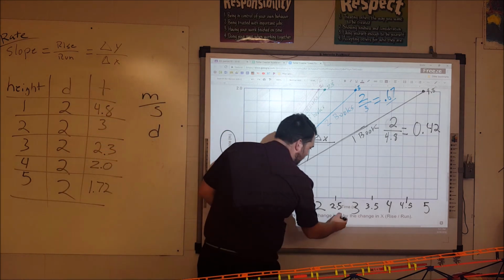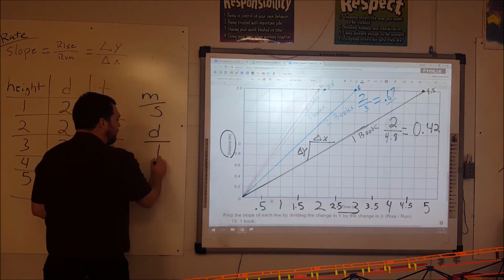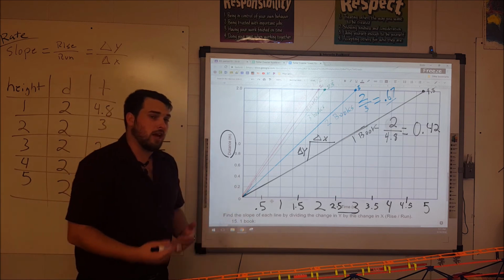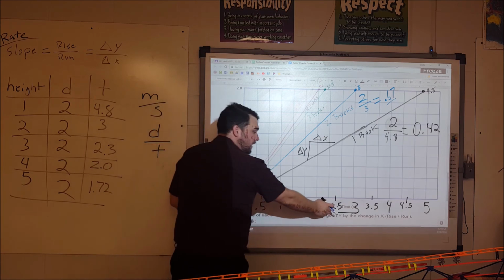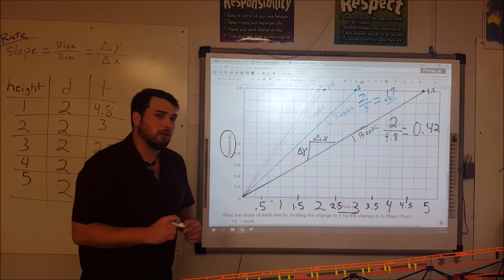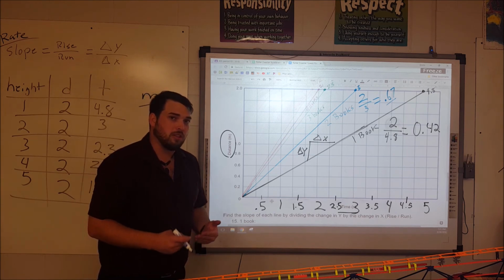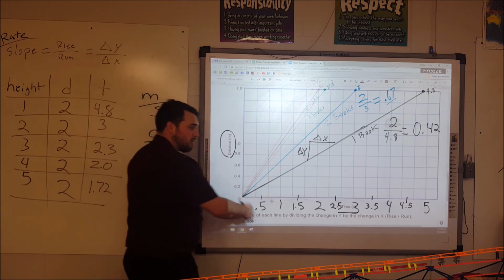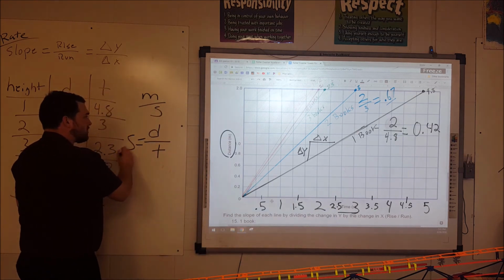And seconds is a measure of time. When we do the change in y over the change in x, we're taking the distance and dividing by the time. If the slope of the line is directly related to how fast the vehicle is moving, then the slope of the line is speed. So distance divided by time equals speed.